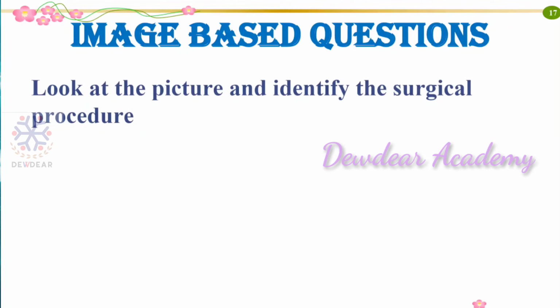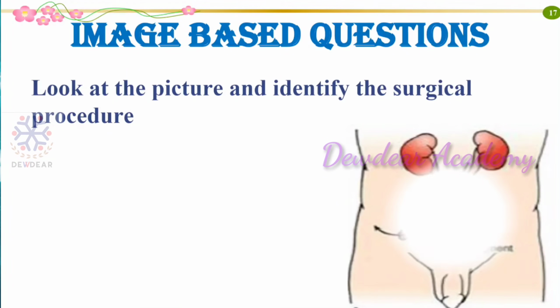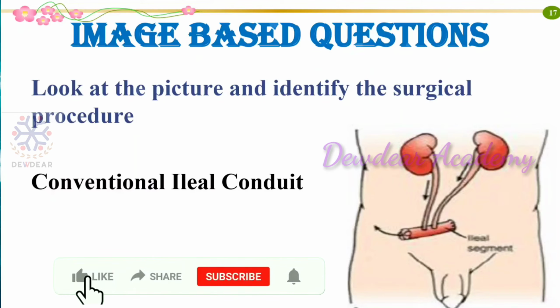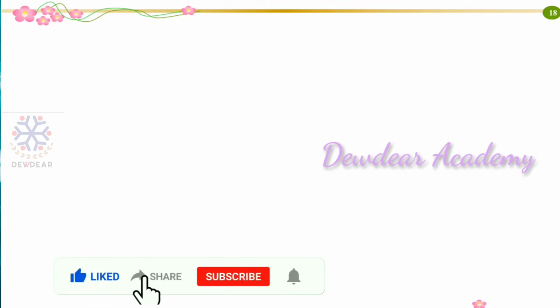Next question. Look at the picture and identify the surgical procedure. What is the surgical procedure given in this picture? The answer is conventional ileal conduit. So what is conventional ileal conduit?